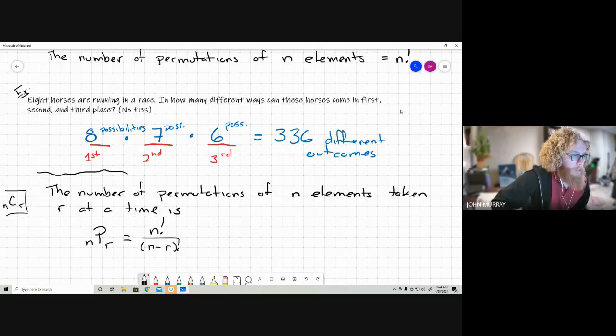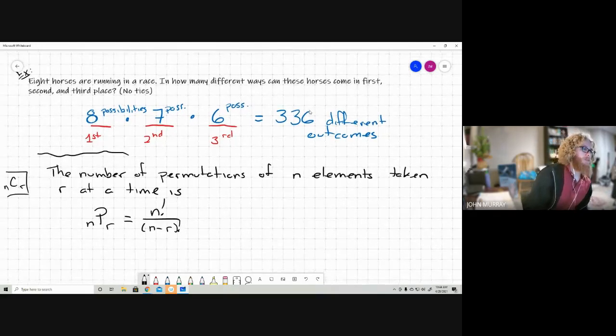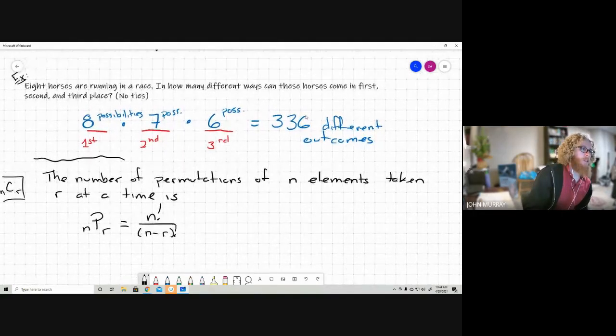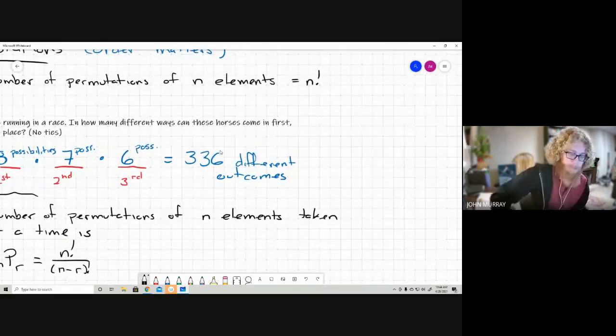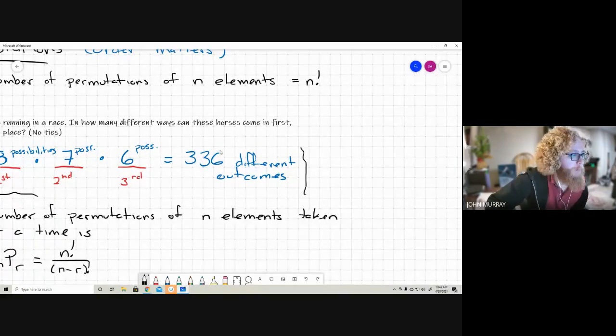All right, so let's take a look. Going back to this example, and let's set it up. Going back to our 8 horses, I want to know how many different ways I can find the first 3 places.